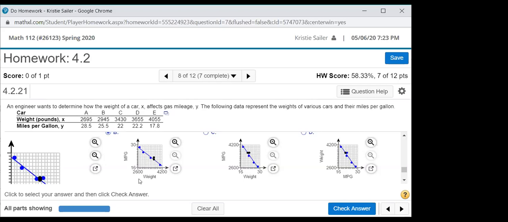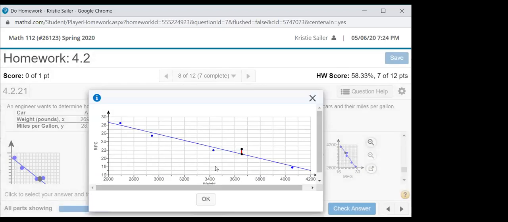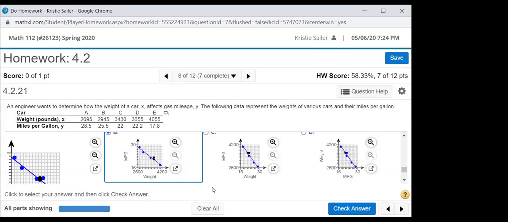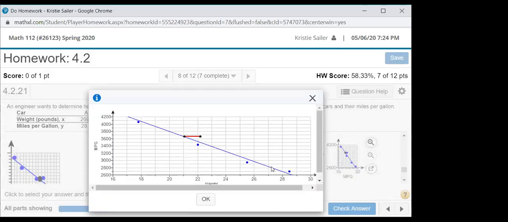So now you have to pop out the little pop-out with the arrow with the box, so you can see it. There's your red. Ah, okay, so that has to be the right answer. Let me look at this one just for fun. My weight shouldn't be, this isn't correct.